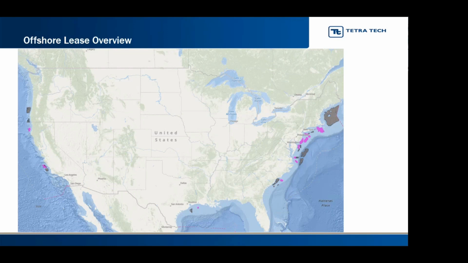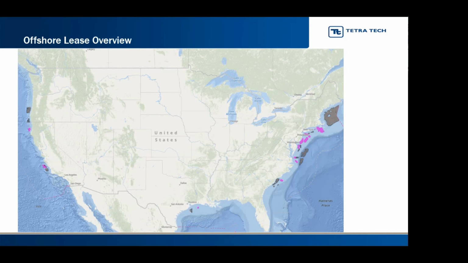Offshore wind. The gray areas on the map are leases or planning areas, and so these come up periodically for lease to an energy company. Some of these will never actually be leased, but they are a planning area. Occasionally, they're revised by BOEM. The pink ones are either actively leased or actively under construction.